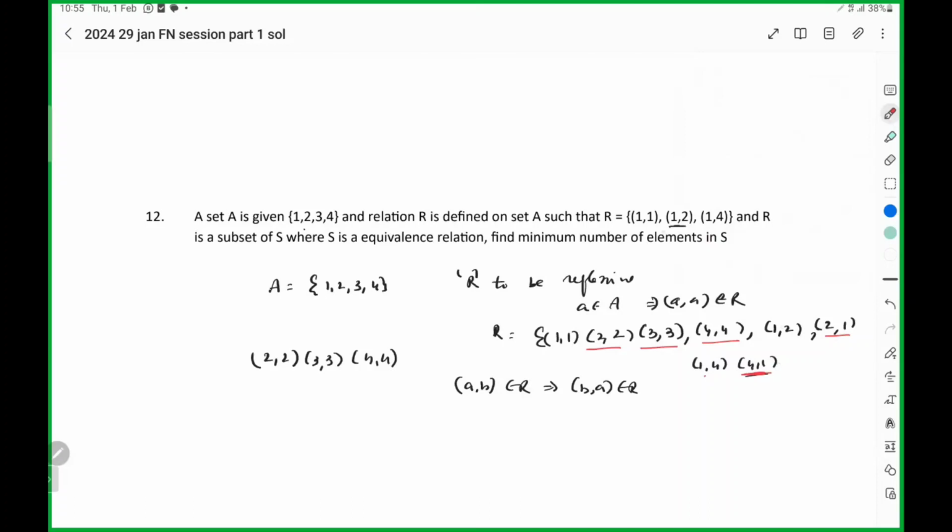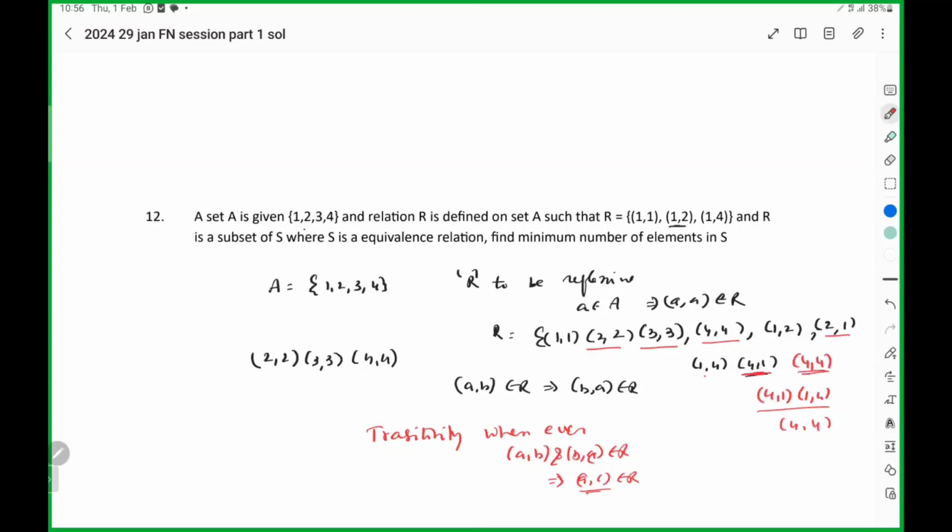Now (1, 4), (4, 1) is there, transitivity. Whenever (a, b) and (b, c) are there, which implies (a, c) must be there. So (1, 4), (4, 1), (1, 1) is there. Now if you consider (4, 1), (1, 4), (4, 4) is not there, so that I am adding.